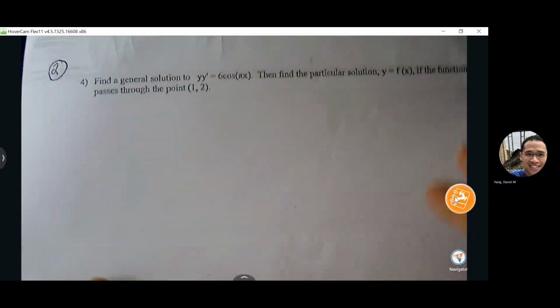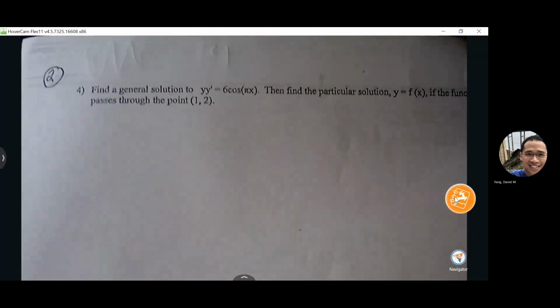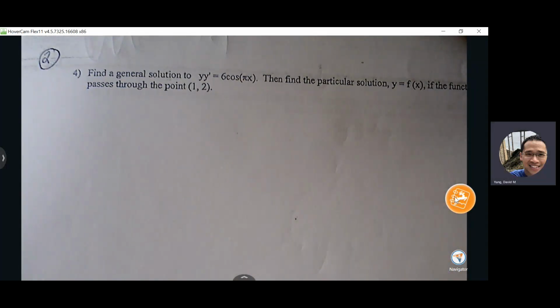Page 2. I know one is the last page of the.